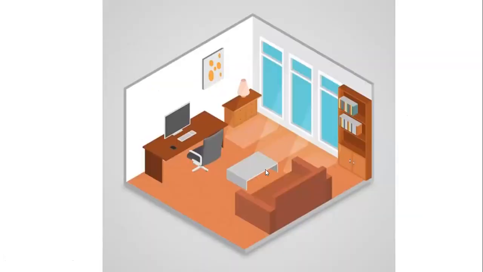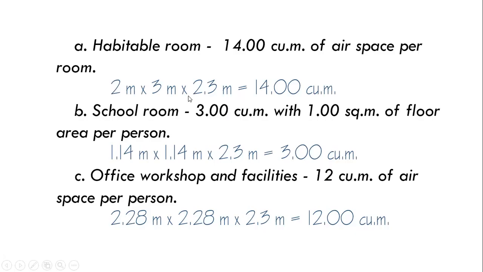If you specify airspace requirements, it's not the area already. The area is just the 1.14 and the 1.14. That's an area. If you talk about the airspace requirement, it is a volume.